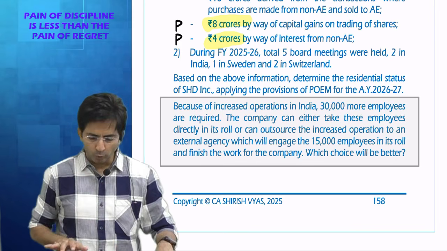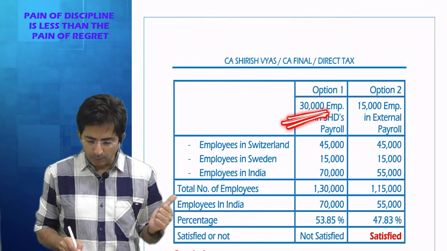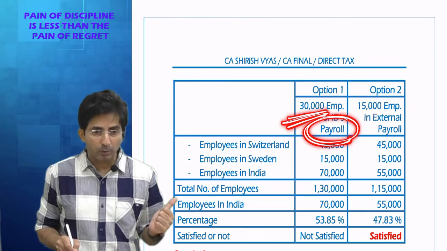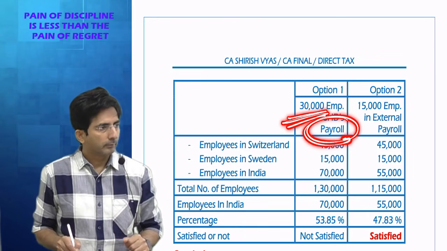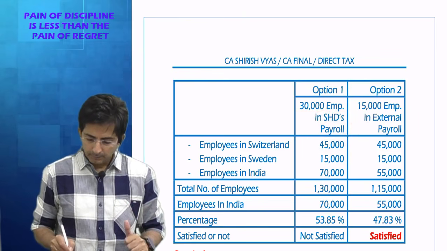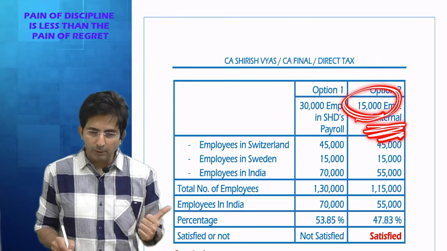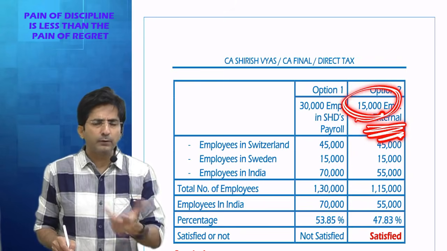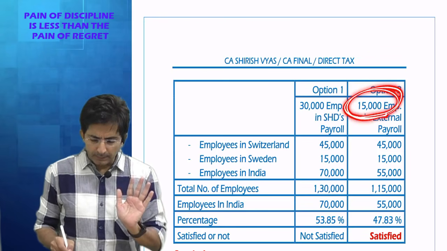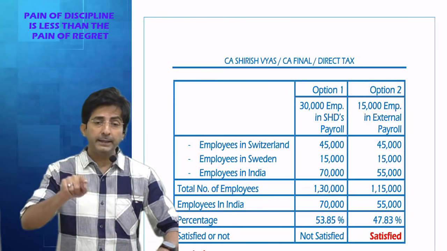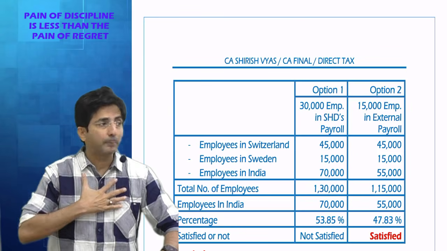So in short, we have got two options. Look here. What are the two options? Option 1, take all 30,000 employees under our payroll and execute the work on our own. Second option, give it to an external agency, and the external agency will do our work with the help of only 15,000 employees. See, I hope you understand this. These 15,000 employees, although they will be on the payroll of the external agency, will be called my employees.